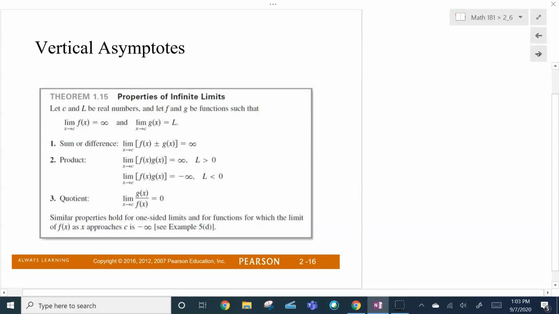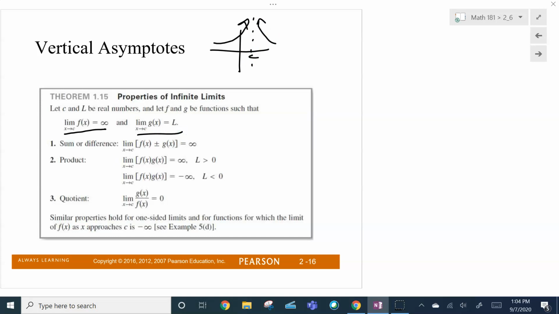All right, so properties of infinite limits. If you have the limit as x goes to c of a function is infinity, so shoots to infinity both sides, right? So that'd be something shooting up and shooting up around c, right? And then you have a different function. It actually has a limit, right? It approaches, so for this function, whether it's defined or not, the limit of the function is L, right?